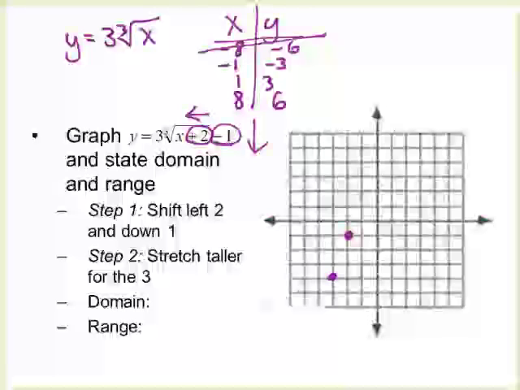Forward 1 and up 3. And forward 8 and up 6. And connect on through. We get arrows at both ends this time.